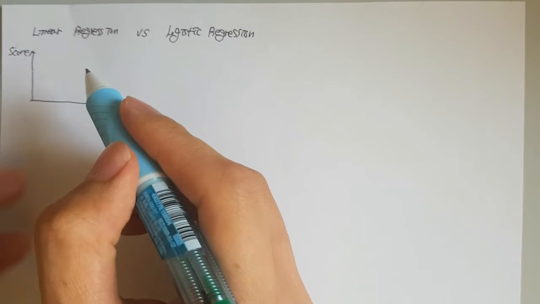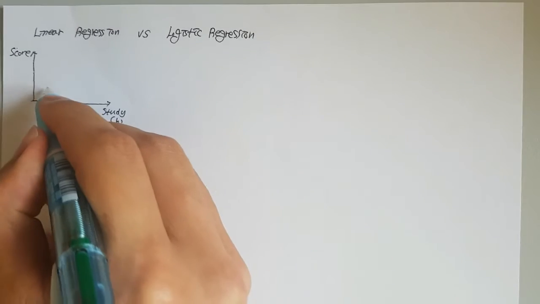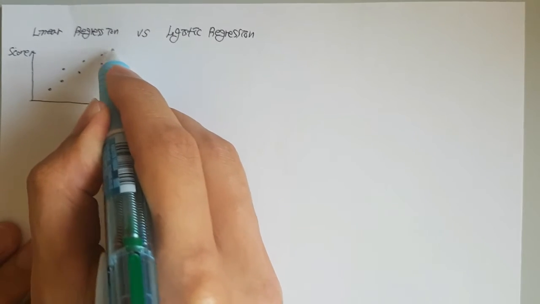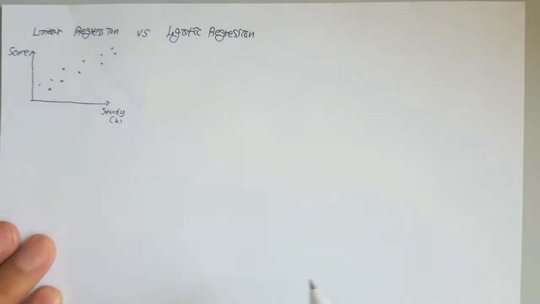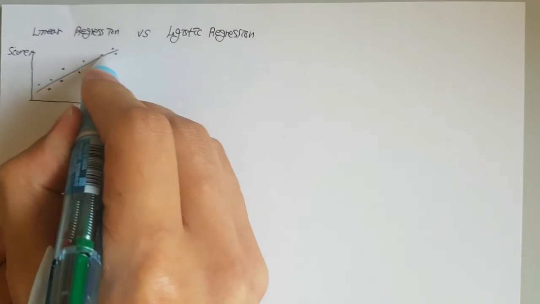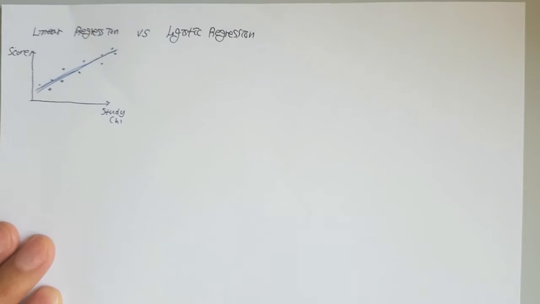Then I can say if we study more, then of course there are some exceptions, but normally if we study more, then the score will be higher. So we make these prediction models.